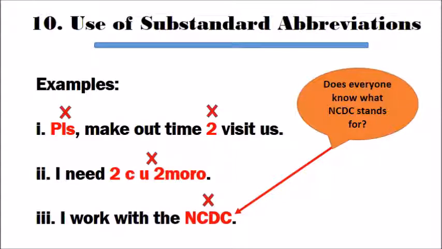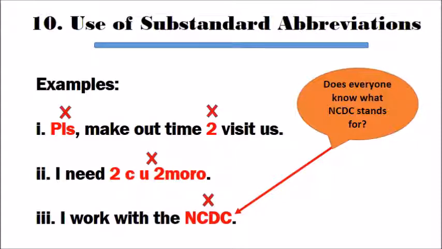So, why do I need to write PLS for please when I am writing in the office? Of course, the expressions, the choice of words needed in the office environment should be formal. And everywhere we go, formal and polite systems of expressions are needed.